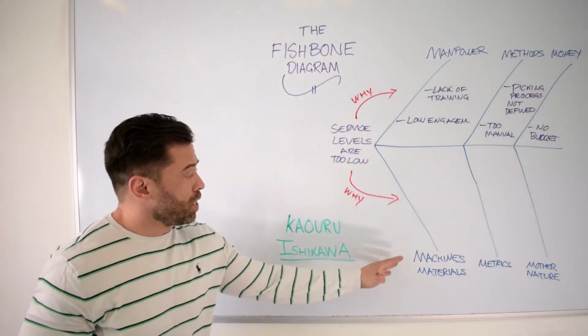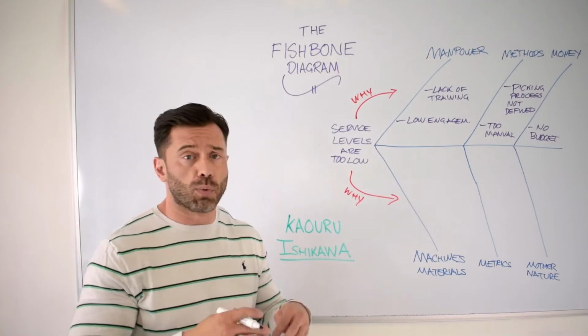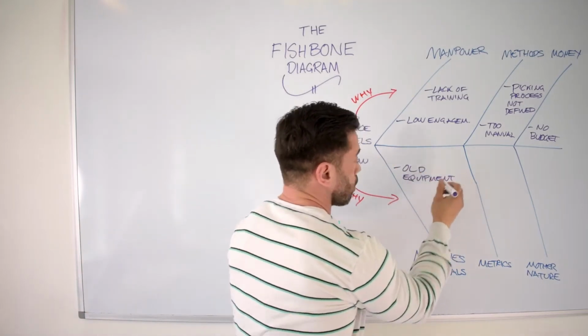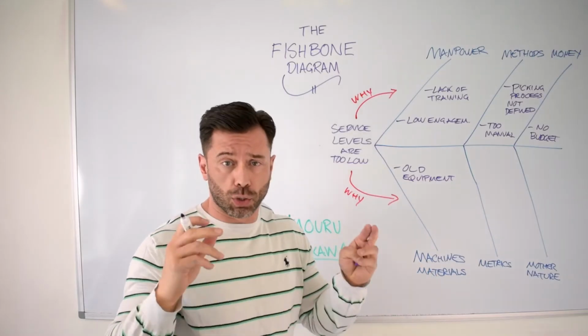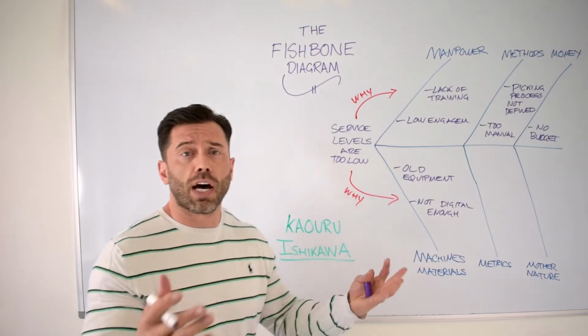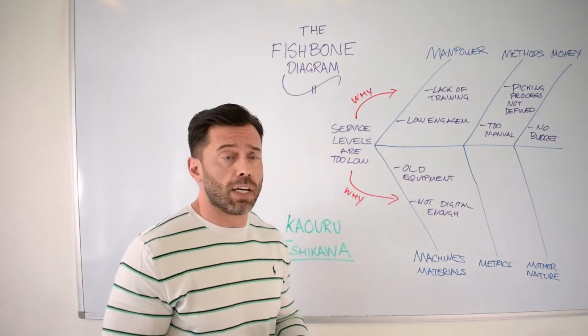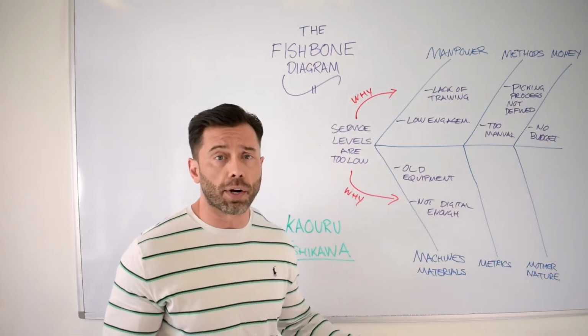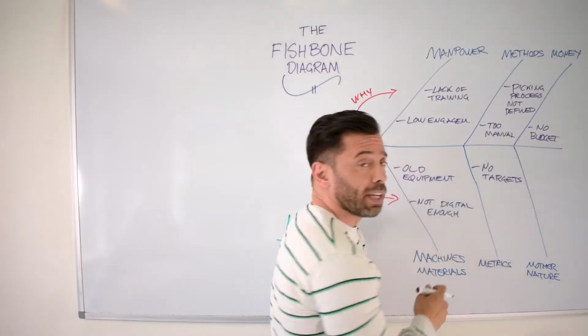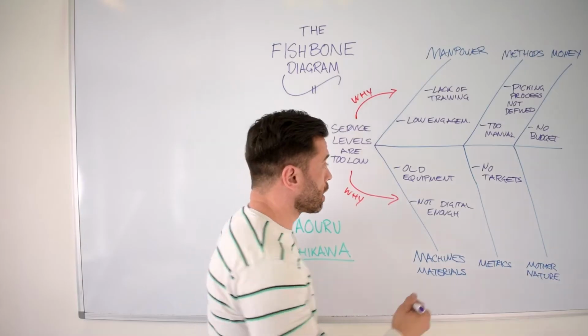From a machines or materials point of view, perhaps we are using very old equipment, and maybe we are not digital enough. On the metric side, for example, we could have a cause that is no targets are set in place for this process, and that we have no daily tracking.